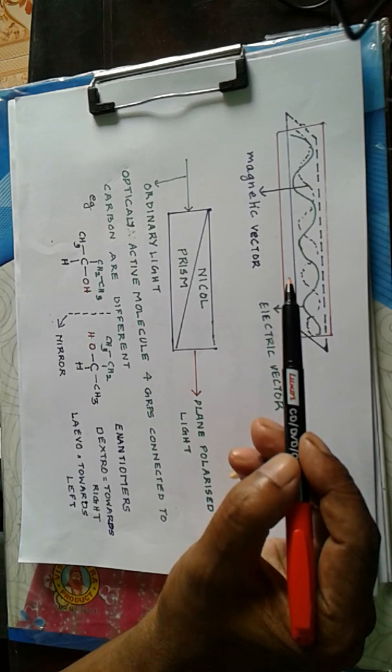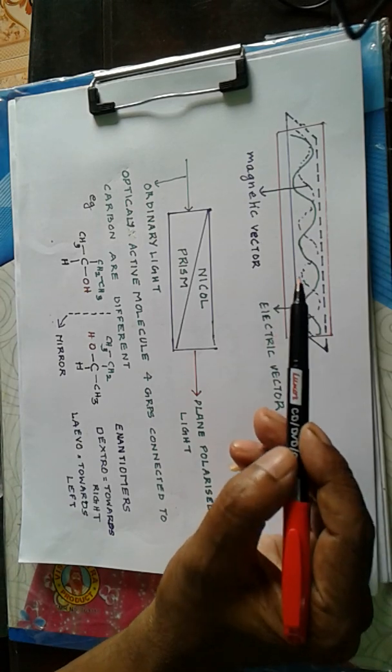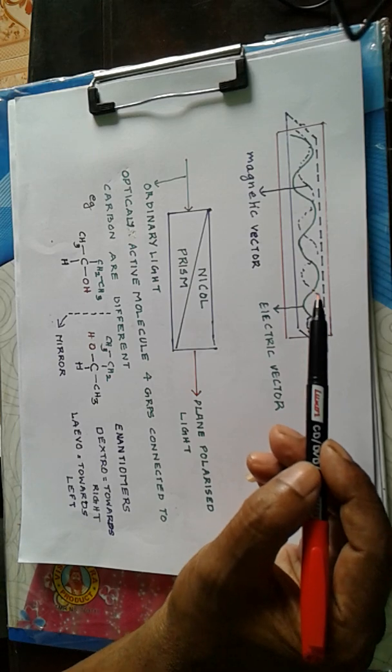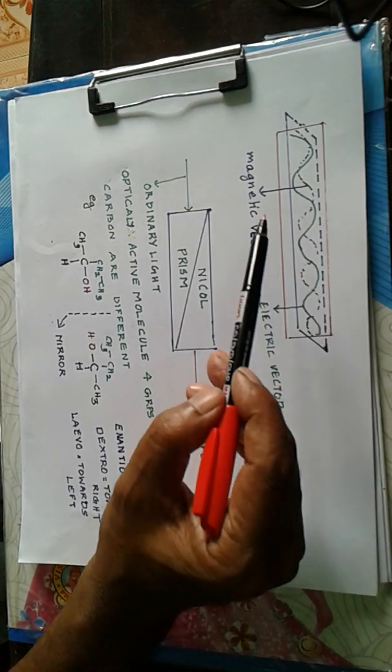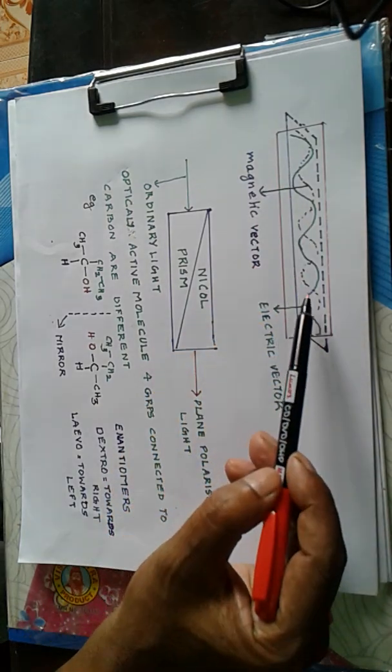The electromagnetic radiation consists of one electric component and one magnetic component, or one electric wave and one magnetic wave. Now for one radiation, the electric wave will be in a plane and the magnetic wave will be in another plane perpendicular to the plane of the electric wave.